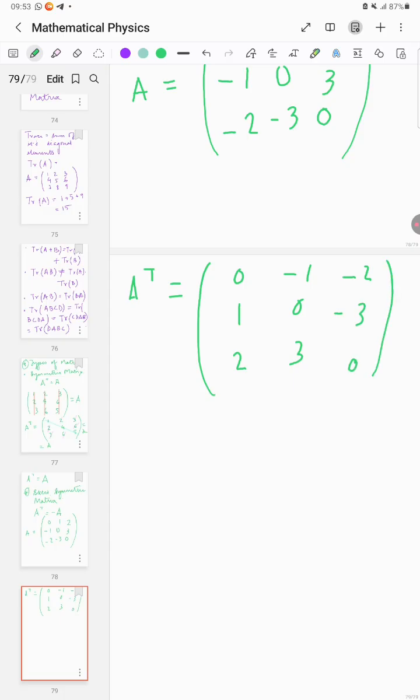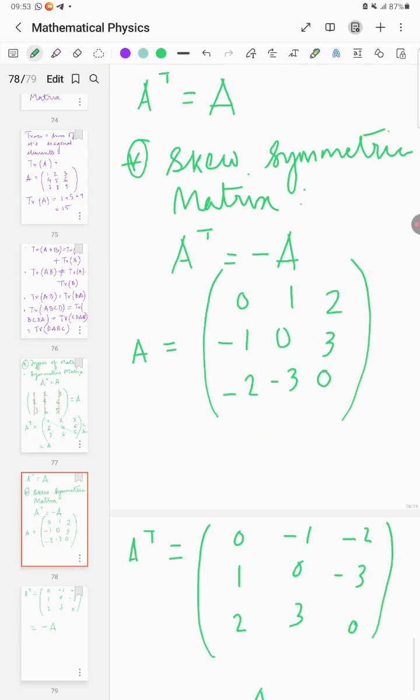So we can see that this is nothing but minus A. Look, this was A and this is A transpose. If we multiply minus with A, it becomes identical with A transpose, right? So what we have done is nothing but change the rows into columns and columns into rows.